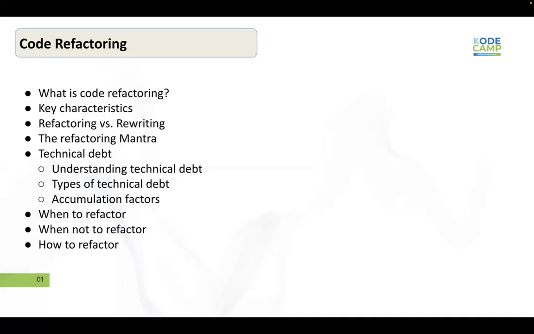So types of technical debt, I guess just two: deliberate technical debt and accidental technical debt. For the accumulation factors, we have time pressure, lack of knowledge, changing requirements, poor communication, and insufficient testing. Insufficient testing is last on the list, but it is not the least, because fear of breaking changes prevents improvement.